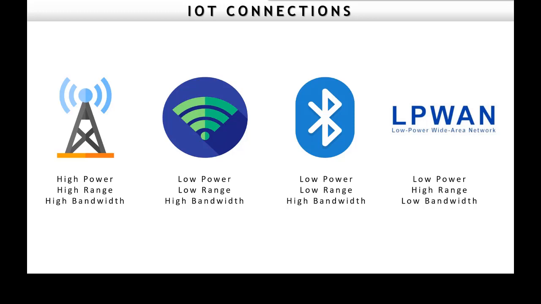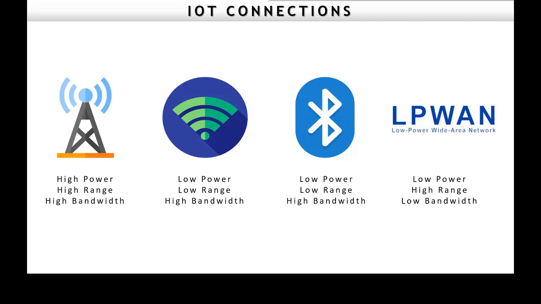The last one here is the low power wide area network. I really didn't know that much about it. I learned when I was working with some IoT devices. The best example I can give you is agricultural sensors. For example, you might have a sensor on a field, maybe just checking the soil's temperature. That data doesn't change that much.